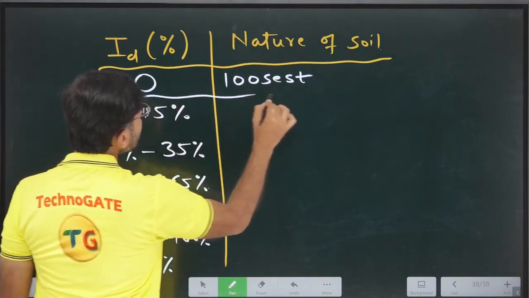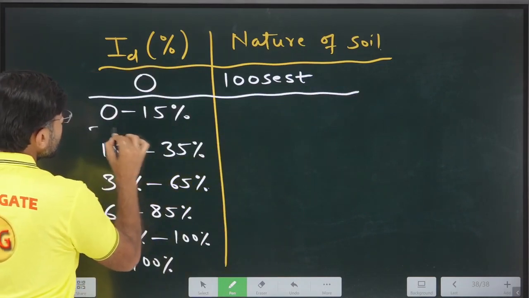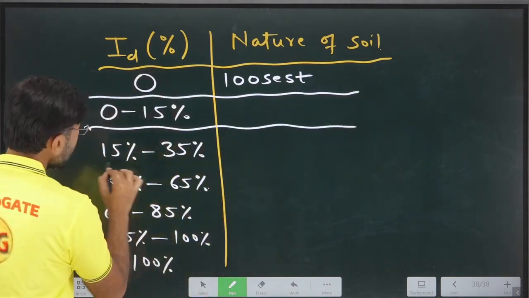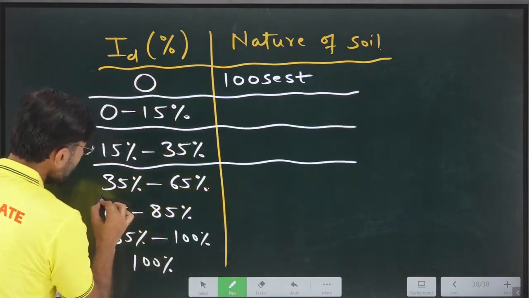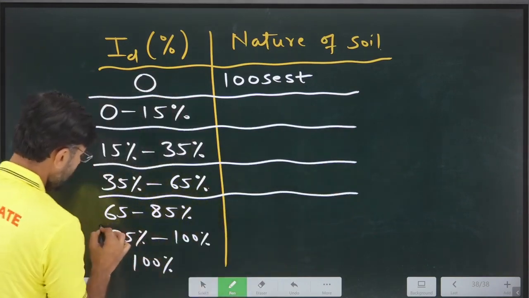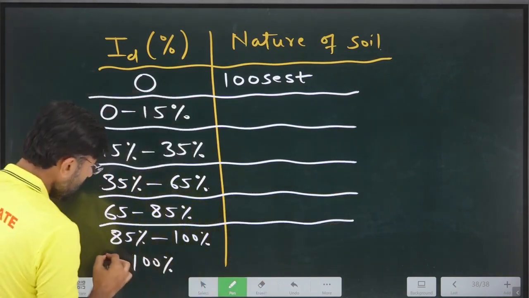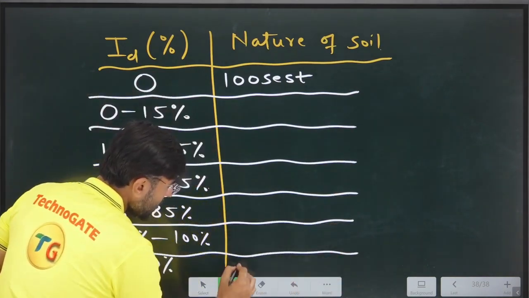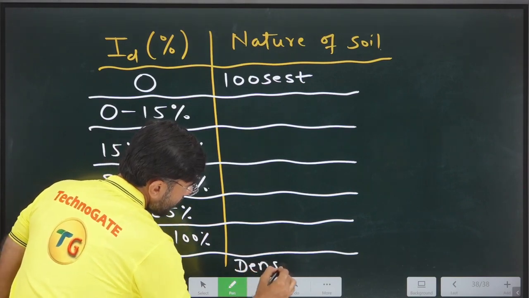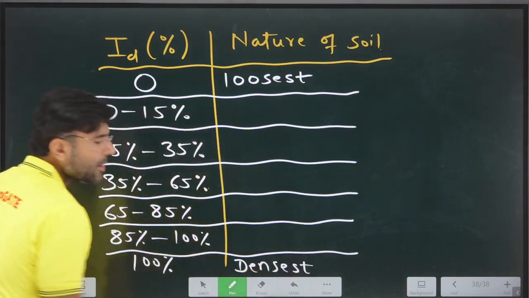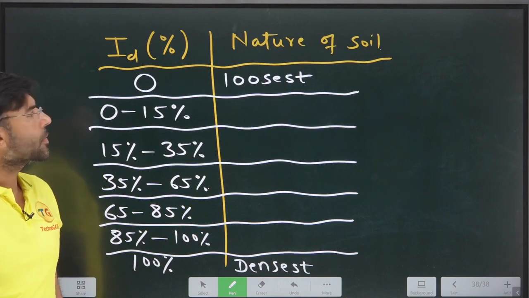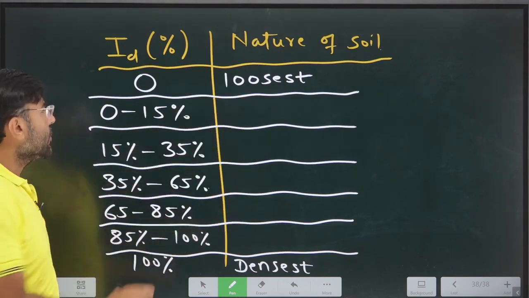If the value is 0, the soil is in a loosest state. Okay? And if the value is 100, the soil is in a densest state. Then what about these values?